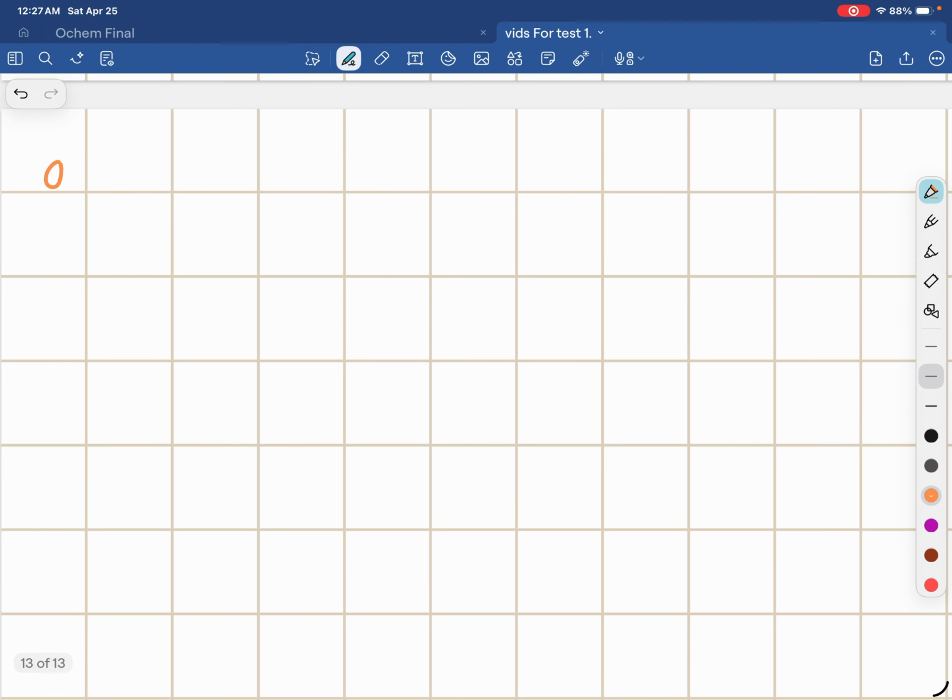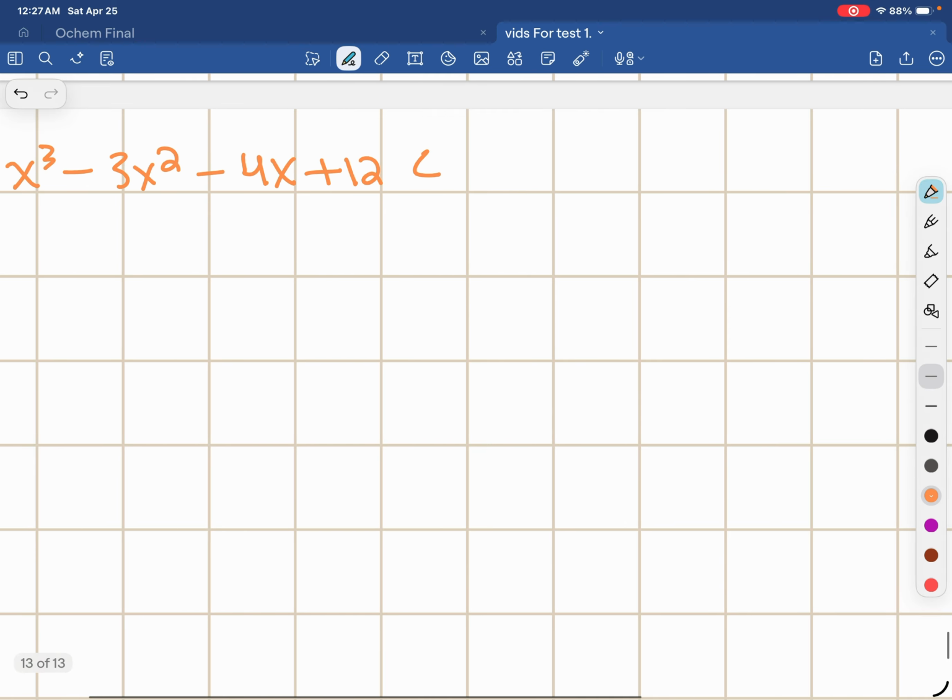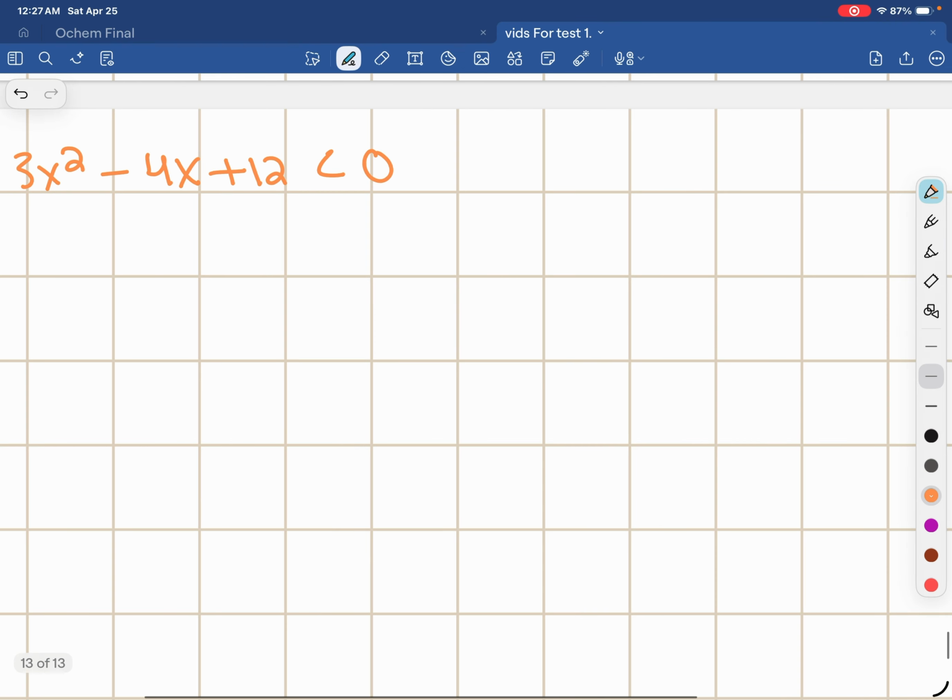So this is part A, and our equation is x to the third minus 3x squared minus 4x plus 12 is less than 0. This less than plays a really important part here.